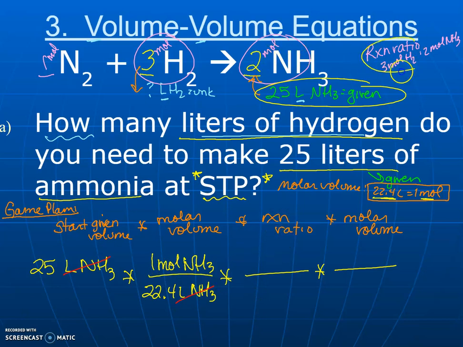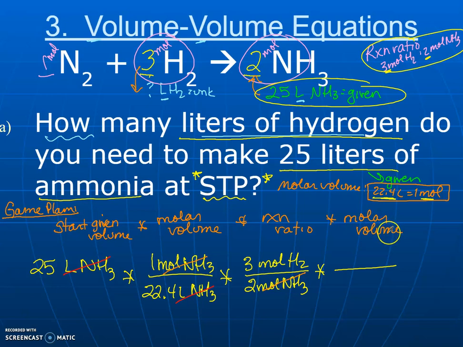Our ratio is up here, 3 moles of H2 for every 2 moles of NH3, and I get that from the balanced equation. So since NH3 is here, I put the 2 moles of NH3 here and 3 moles of H2 there. And then moles and moles of NH3 cancel out.